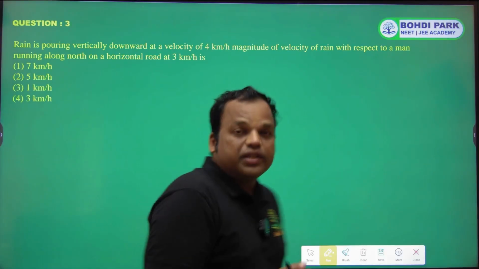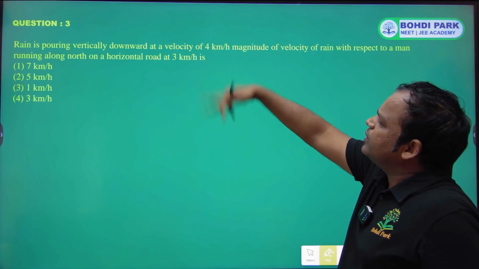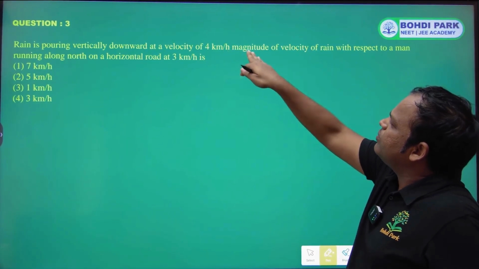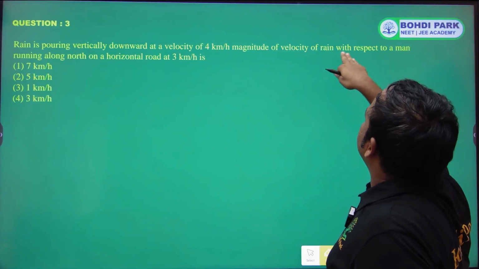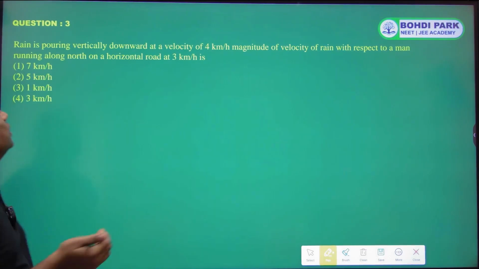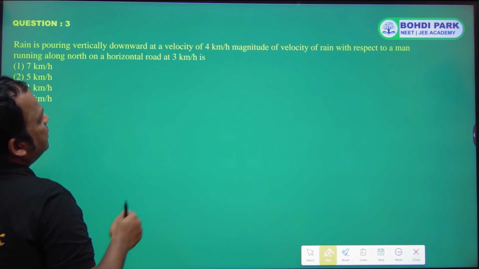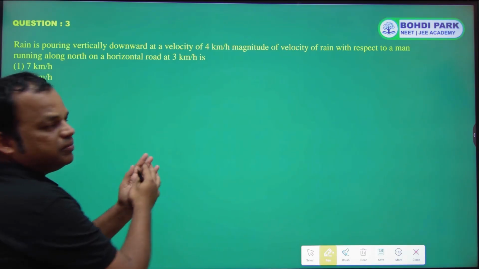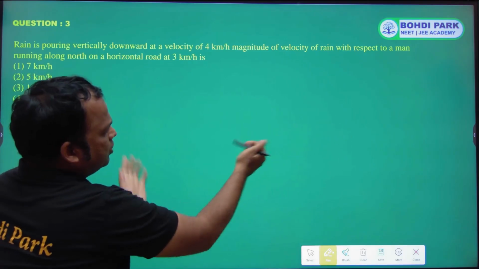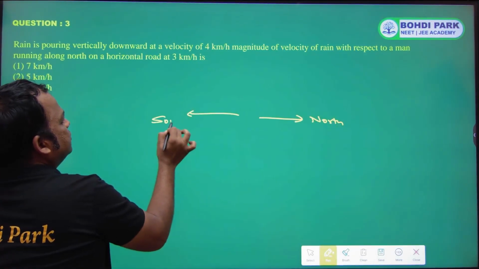Now look at question number 3. Rain is pouring vertically downward at velocity 4 kilometer per hour, and we need the magnitude of velocity of rain with respect to man running along north on horizontal road at 3 kilometer per hour. So let's represent north south direction on this board. Suppose this is north direction, and this is south direction.